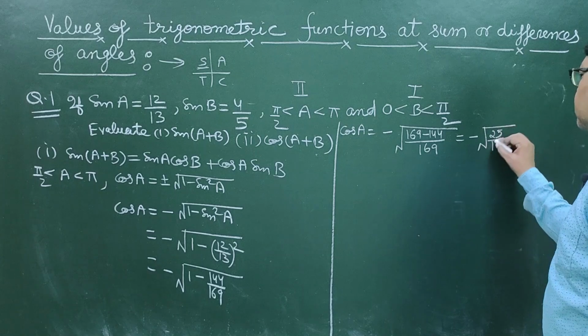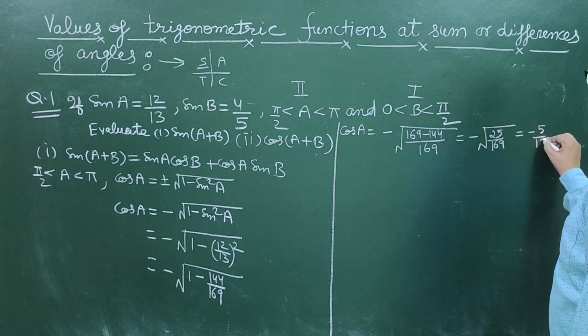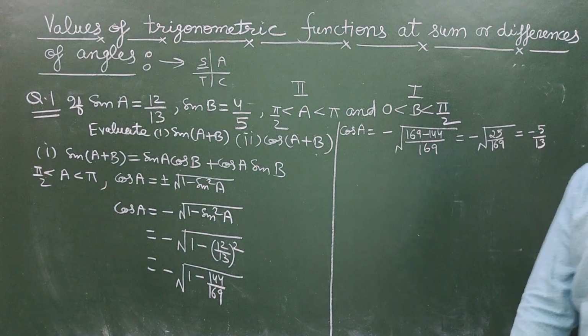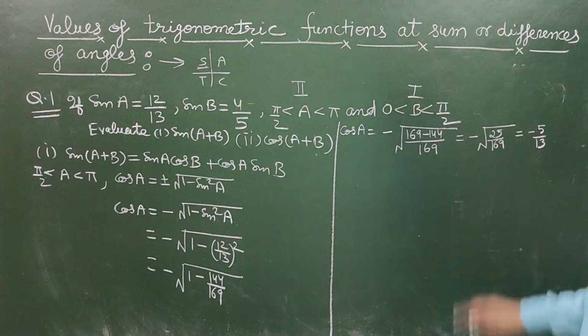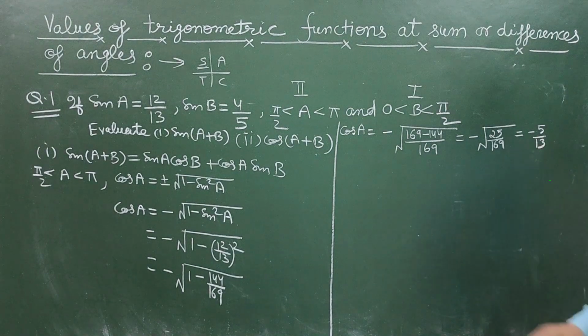This is equal to minus 5 upon 13, because the square root of 25 is 5 and the square root of 169 is 13. So we have got the value of cos A is equal to minus 5 upon 13.